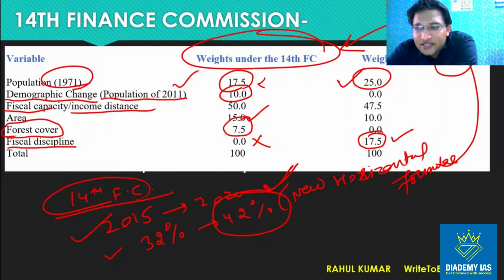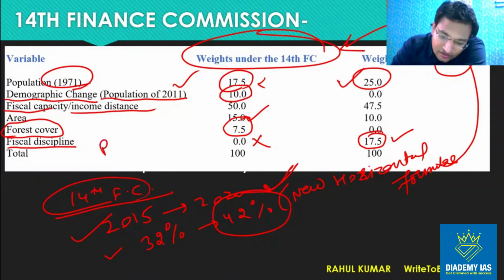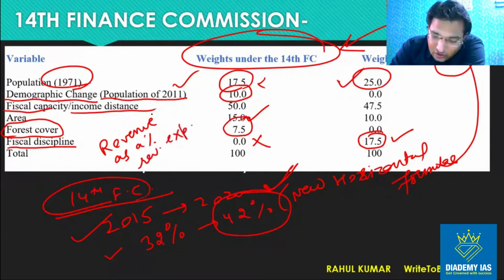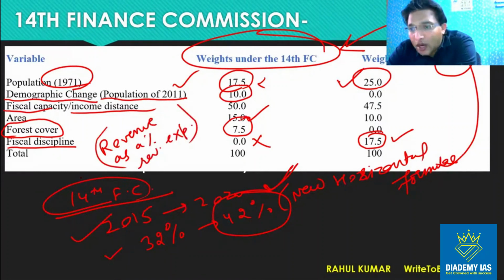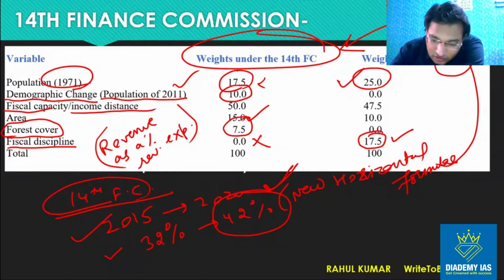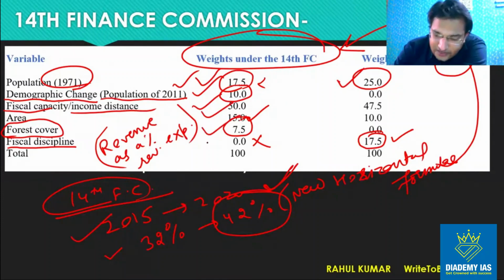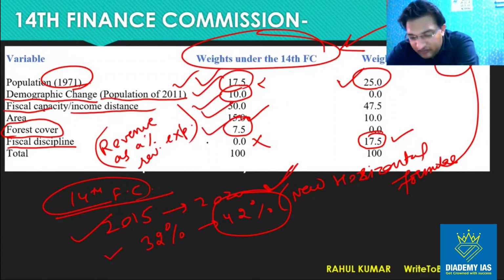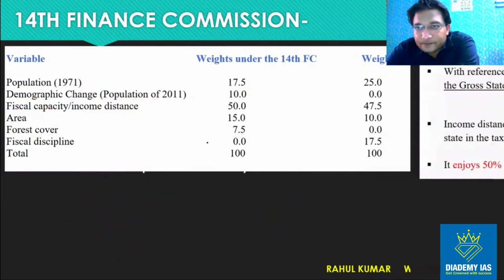The fiscal discipline is basically how much revenue they are able to raise as a percentage of revenue expenditure, right? So now this criteria is no longer there. Now we have population of 1971, population change till 2011, fiscal or income distance, area, and forest cover, right? So these are the 5 criteria which are used as of now.